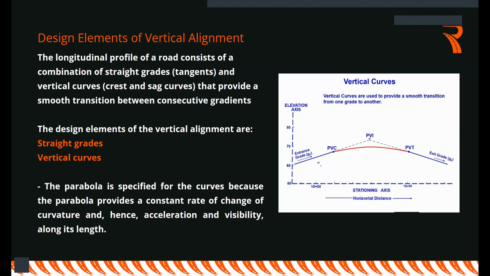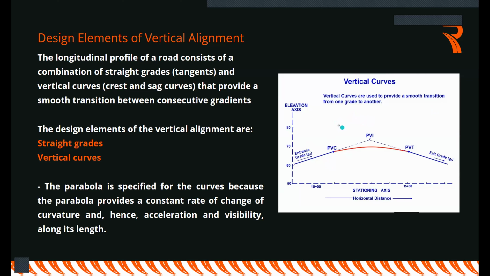But in this case, we are calling it entrance grade and exit grade. The entrance grade is the grade that is getting into the curve, and the exit grade is what is getting out of the curve. So the vertical curves are meant to provide a smooth transition from one grade to another.